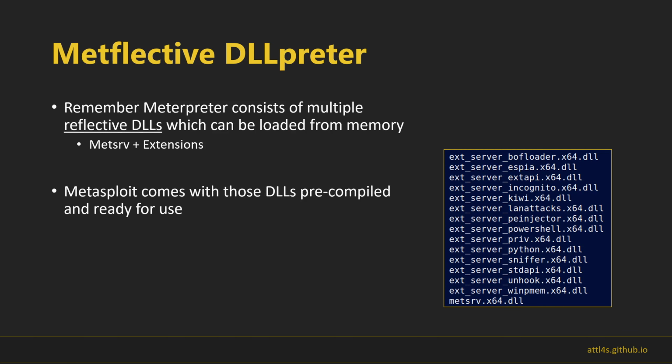We remember that this payload consists of multiple reflective DLLs, mainly Metsrv, in charge of communications and loading extensions, and the extensions, which are the extended API, standard API, Kiwi, Priv, and so on. When you install Metasploit, all these DLLs are going to be there, pre-compiled, and ready for use. Okay?